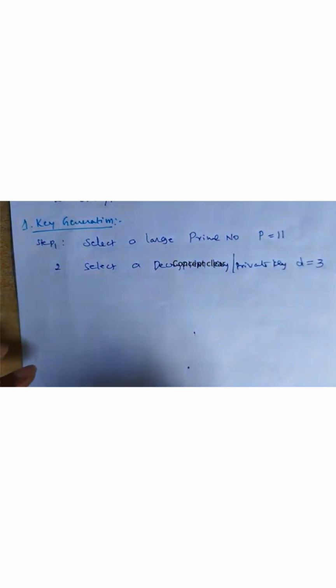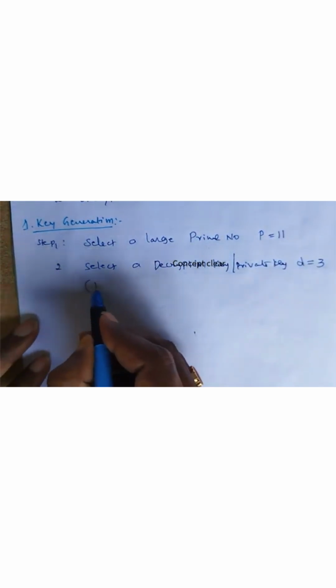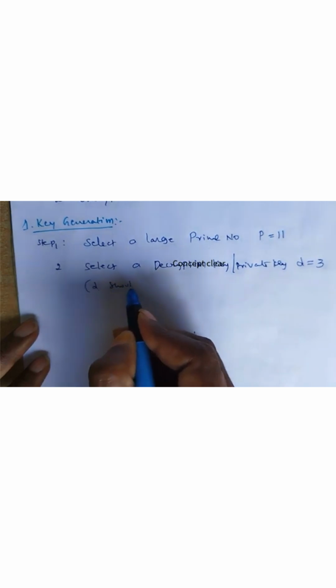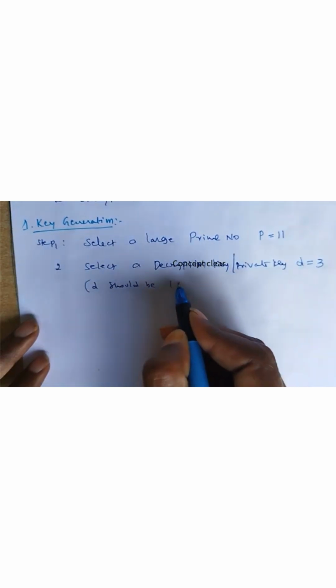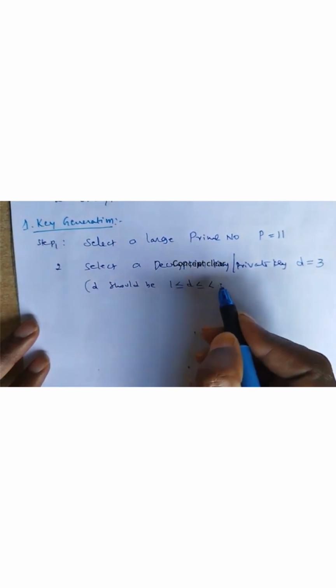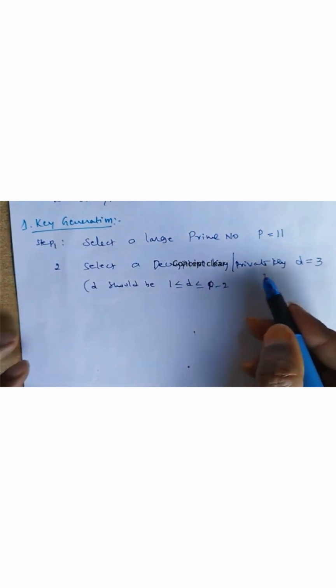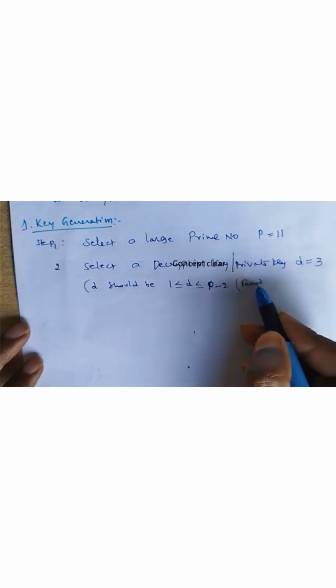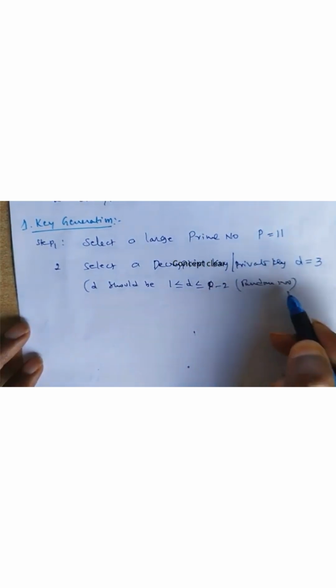I am taking it randomly. Here there is a condition: D should be 1 less than or equal to P minus 2. It is a random number.